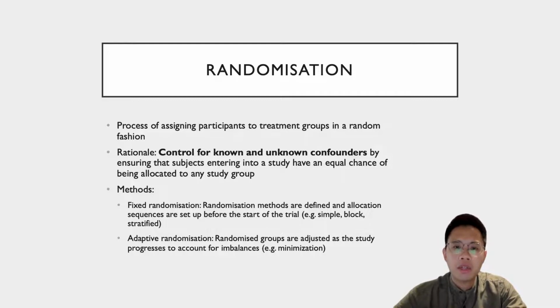So the rationale for randomization is to control for both known and unknown confounders by ensuring that subjects entering into a study ideally have an equal chance of being allocated to any study group.